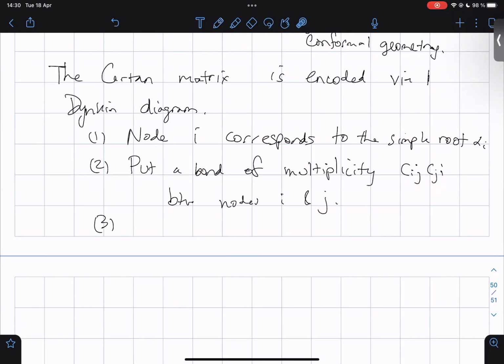Well, I've told you, without proving it, that Cij is integer valued, and that off the diagonal, so when I is not equal to j, it's actually non-positive. So this product is going to be a non-negative integer. Possibly there's no connection. If this is 0, then you don't put a bond.